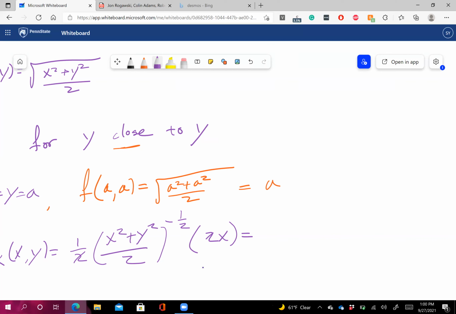Even if, they're not equal right now, we're going to plug in a, but this is going to be x over the square root of 2 times x squared plus y squared. Sorry, for x close to y.